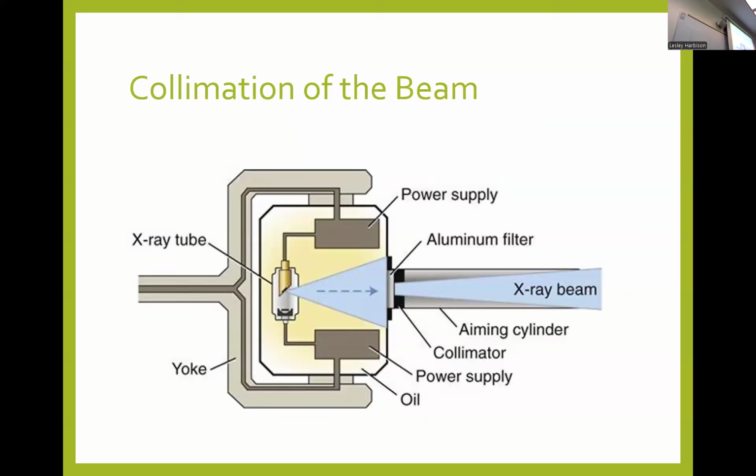This is a diagram where I really want you to highlight two things. Here we have our primary beam coming off of the target, and it has to go through the aluminum filter, which is highlighted here, and then it has to go through the collimator, which is here.